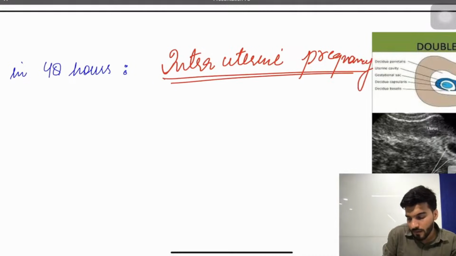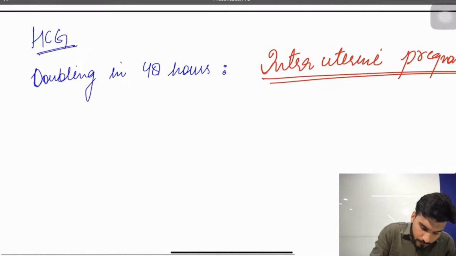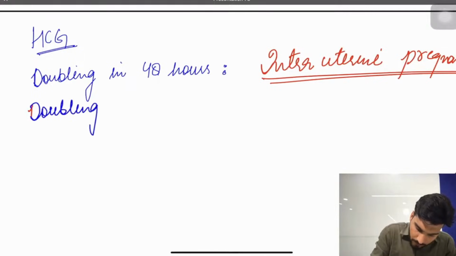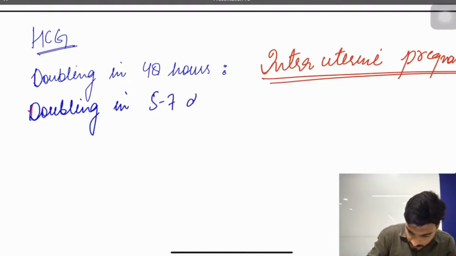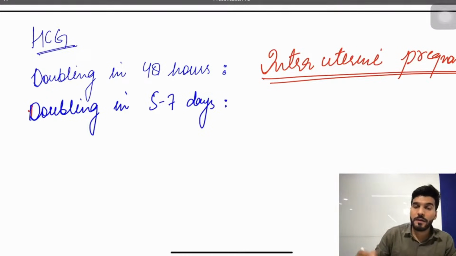Okay, sir, if it is doubling in 5 to 7 days, that means if it's double by 33%, then it's a case of an ectopic pregnancy.